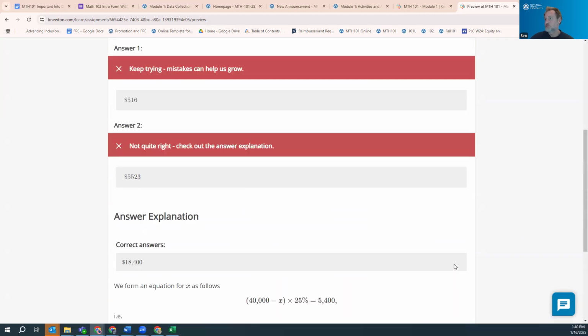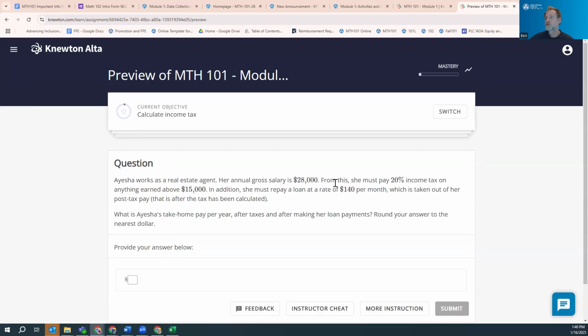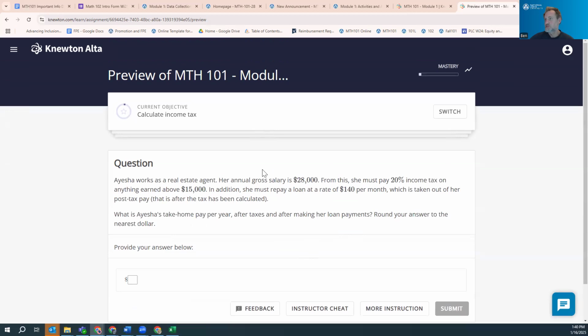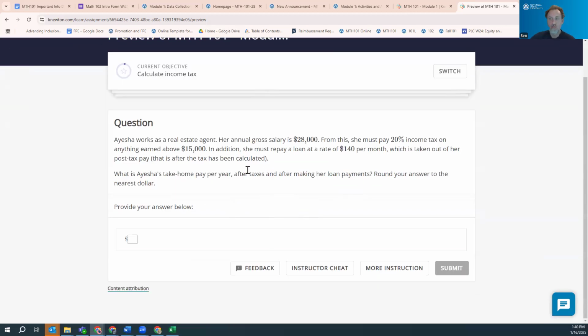And then I'll have to do it again. This doesn't look like exactly the same question. I'm not sure how it cycles through, and maybe I didn't see the choice to redo that same question or get a similar question. But anyways, I'm going to go ahead and do this one.